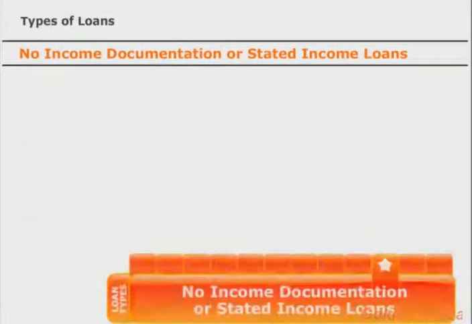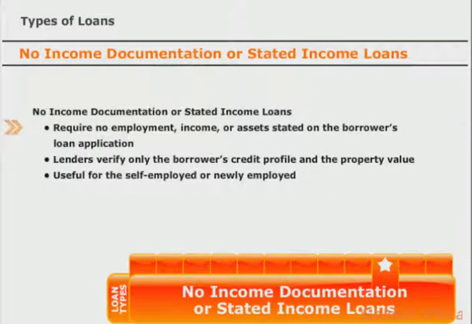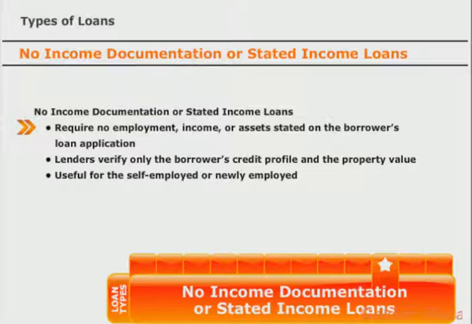No income documentation, often called no-doc, loans require no employment, income, or assets to be stated on the borrower's loan application. Lenders do not verify any information beyond the borrower's credit profile and the value of the property. These loans are useful for people who are self-employed or who have an employment history that is too short to document.